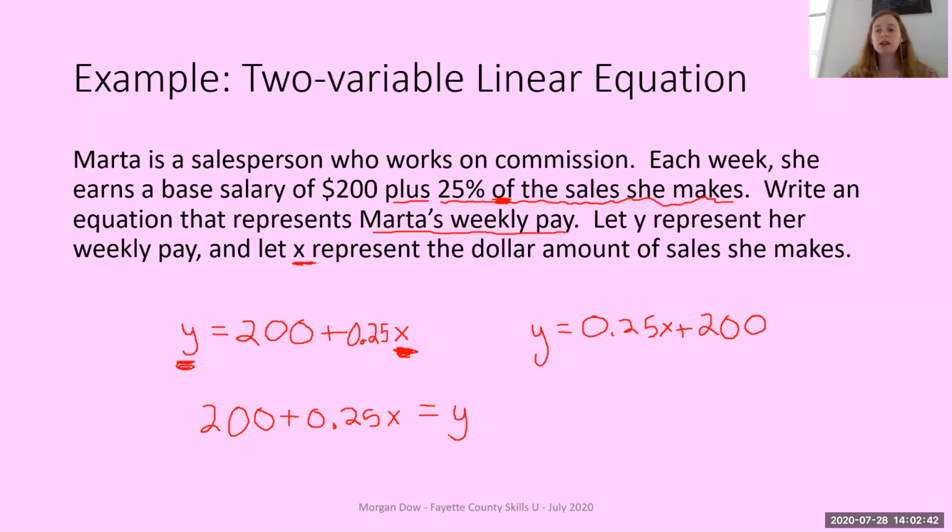So there's a few different ways that we can write this equation that all mean the same thing. And remember that this equation is really just mathematical shorthand that summarizes the information in this paragraph. It's just two different ways of talking about the same thing. One of them is in English, and another one is in the language of algebra.